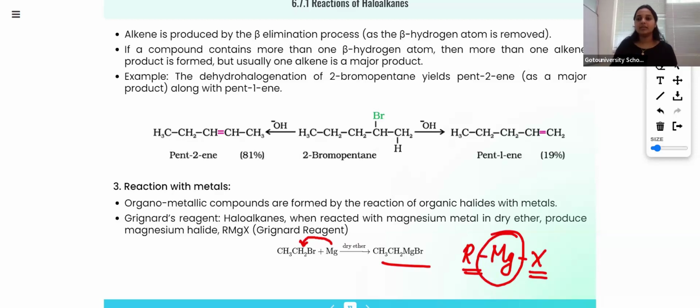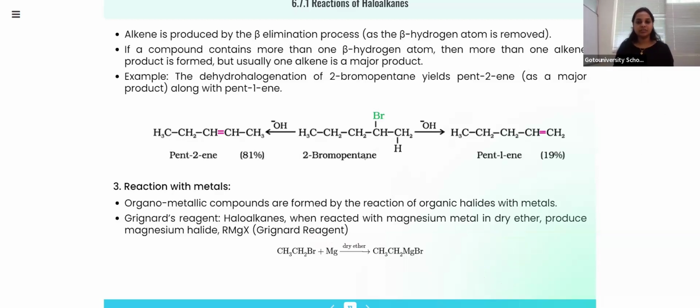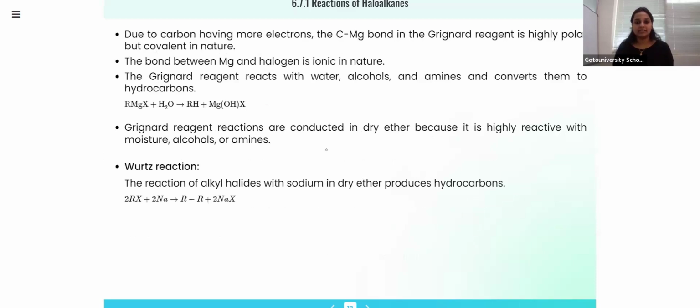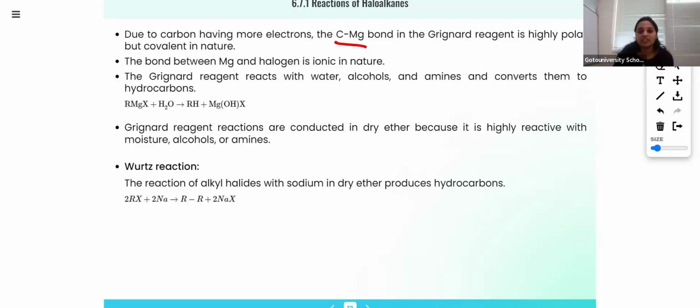This is called Grignard reagent. That's how these react with metals. And these Grignard reagents are used in many reactions as starting materials also. Because the carbon has more electron density, the carbon-magnesium bond in the Grignard reagent is highly polar but covalent in nature. We know that. So in many reactions we can use the Grignard reagent like this.